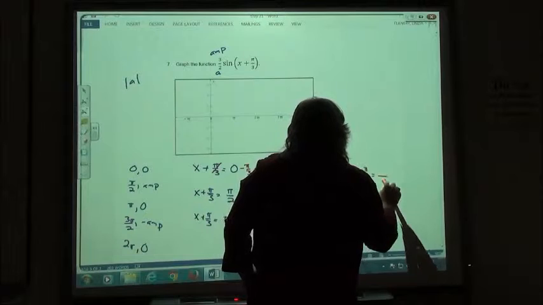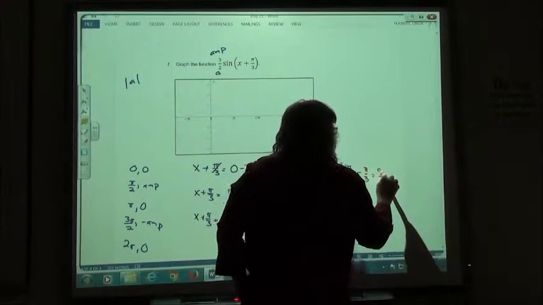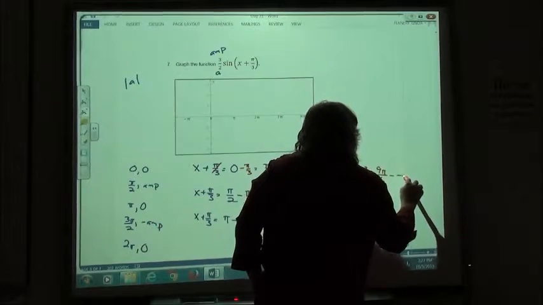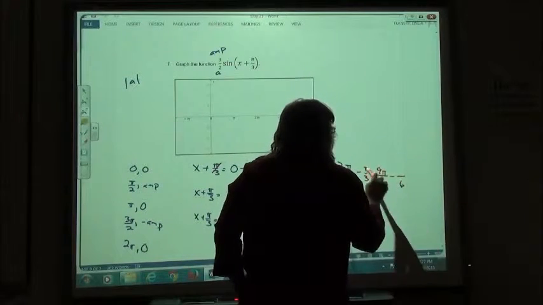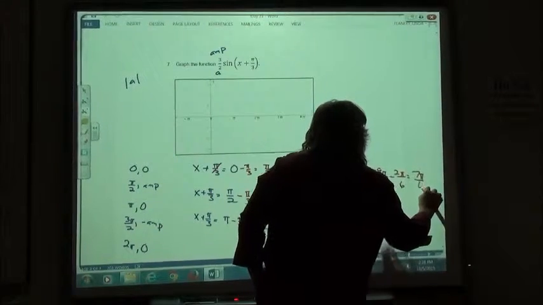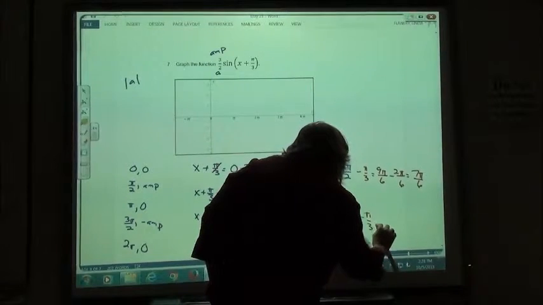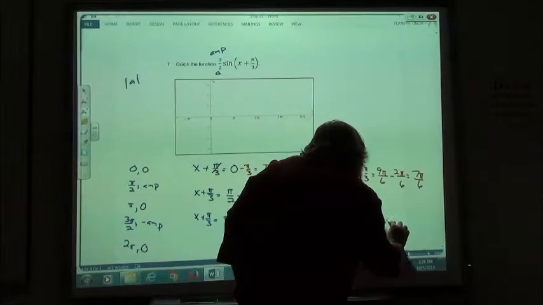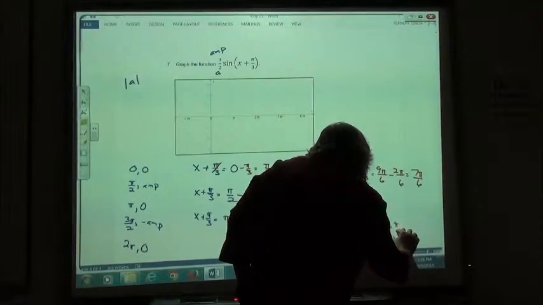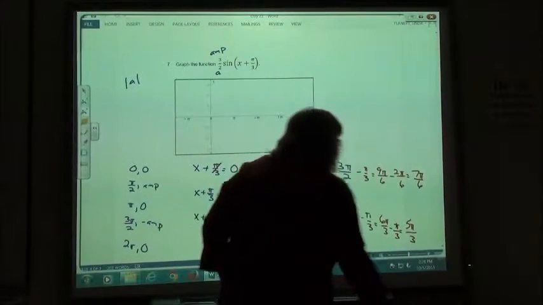So common denominator would be 6. 2 goes into 6 3 times, so that would be 9. 3 goes into 6 2 times, so I get 7 pi over 6. And then 2 pi minus my pi over 3 means I'd have 6 pi over 3 minus pi over 3, which is 5 pi over 3.